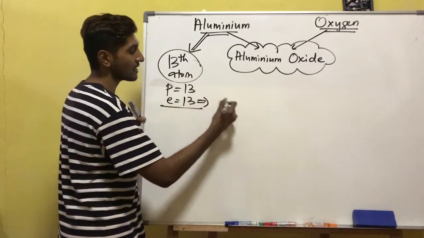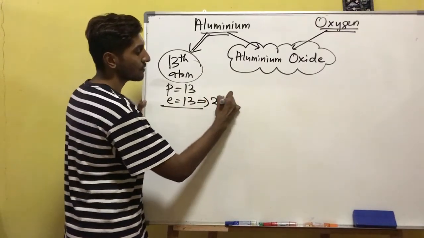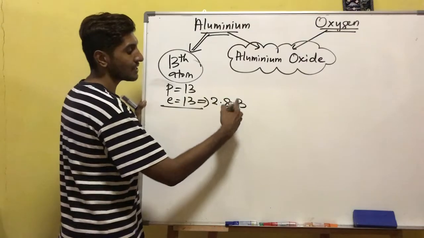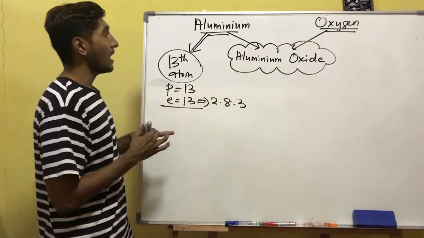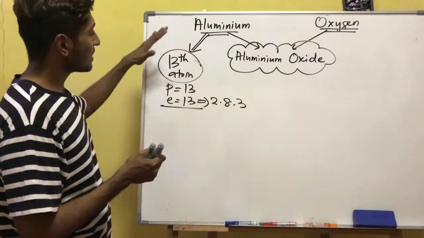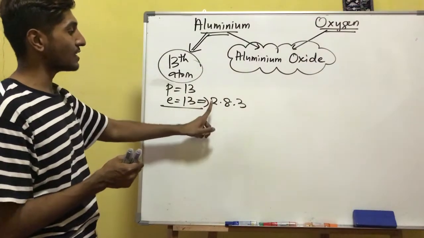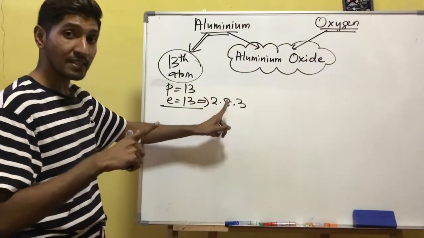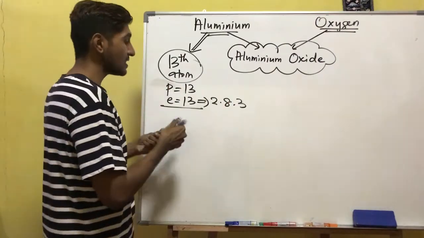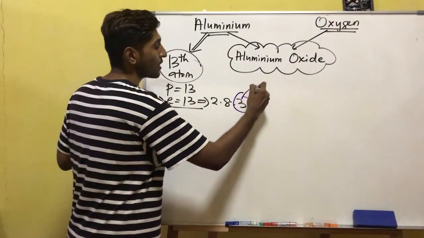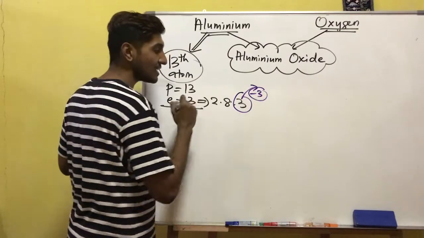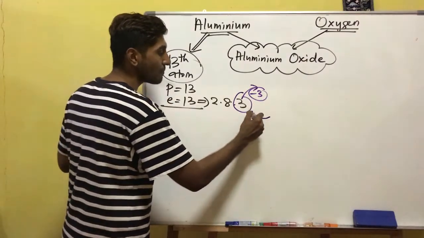Like I said, the electron would be arranged in a way to 2-8-3, right? Jadi, aluminium ialah atom yang ke-13, oleh itu proton kita ada 13 dan elektron pun ada 13 dan susunan elektron dia ialah 283. Clear?